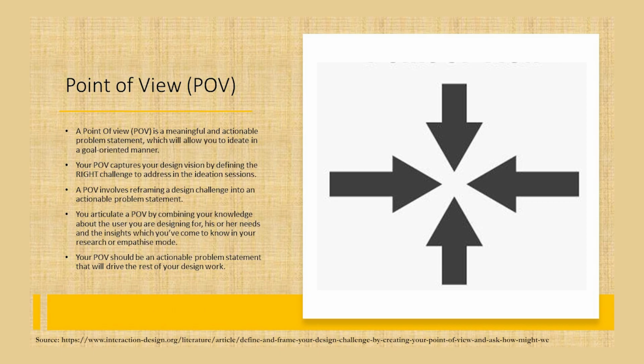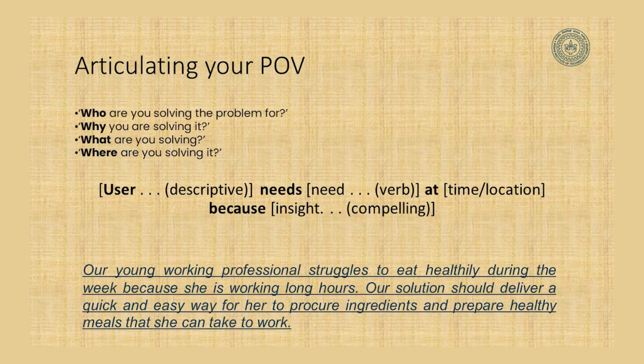Okay. So, this actionable problem statement will drive the rest of your design work. So, that is really critical. Okay. So, in all of your practical project work as well, try to come out with this point of view statement.